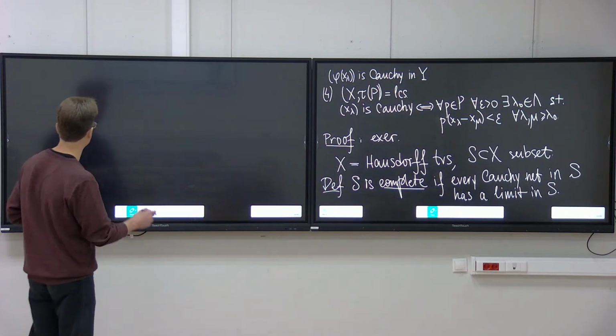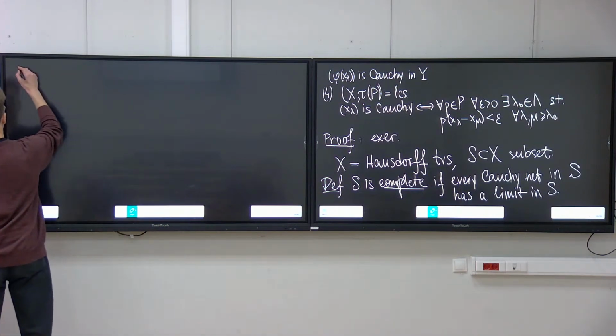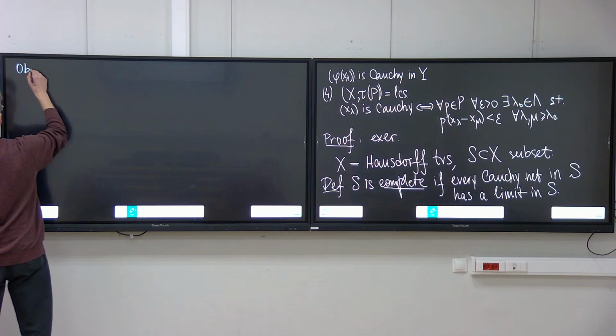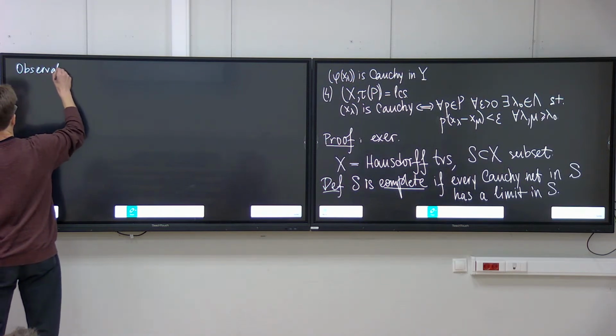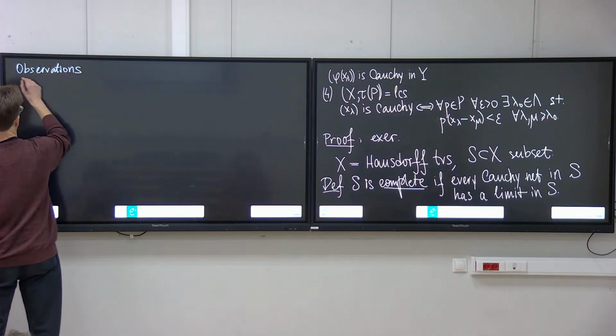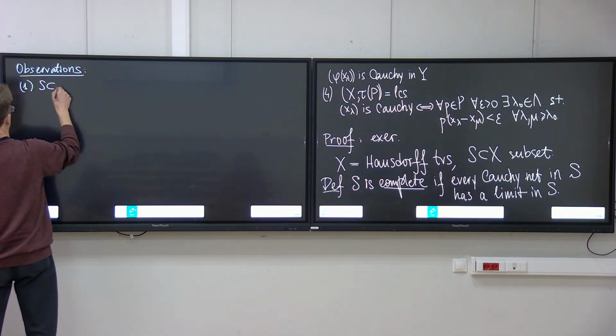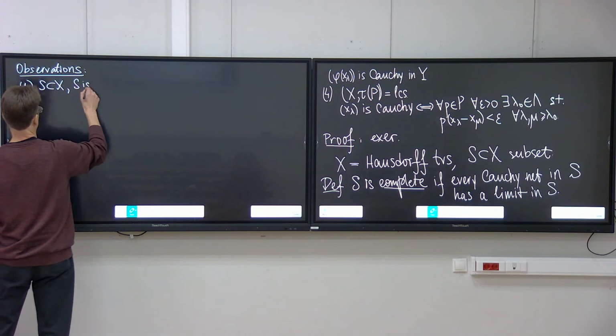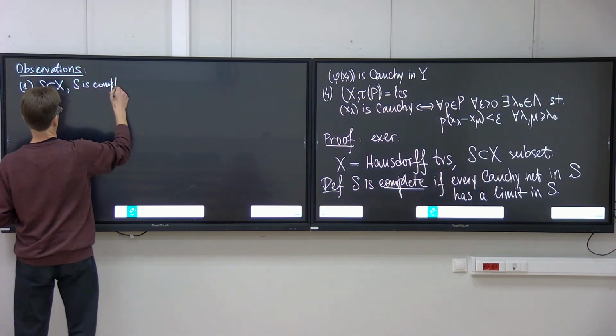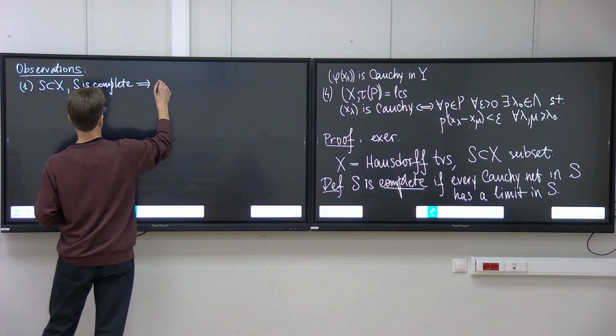And let's now make some simple observations concerning completeness. First of all, if S is a complete subset of X, then it is closed.